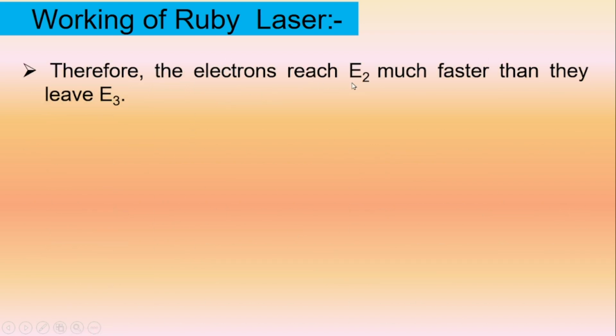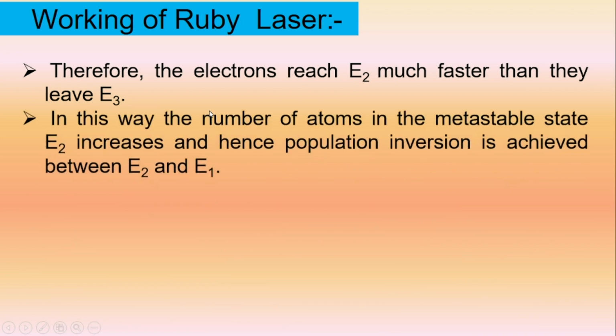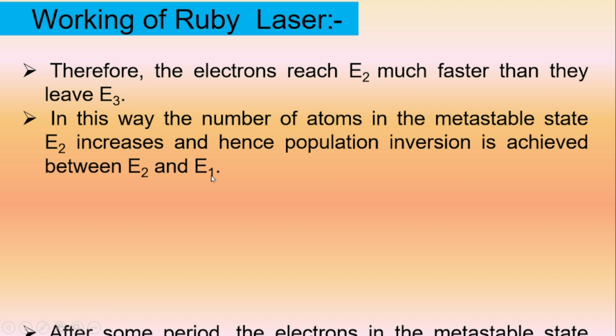Therefore, the electrons reach E2 much faster than they leave, and in this way the number of atoms in the metastable state E2 increases, and hence population inversion is achieved between energy levels E2 and E1.